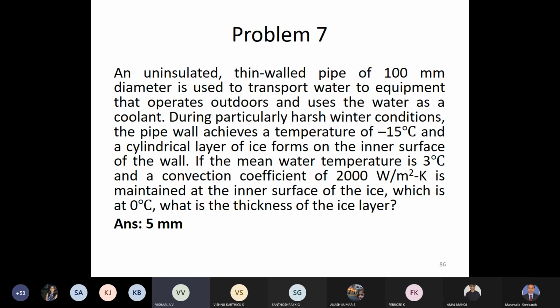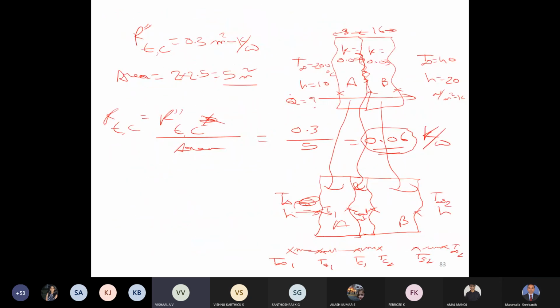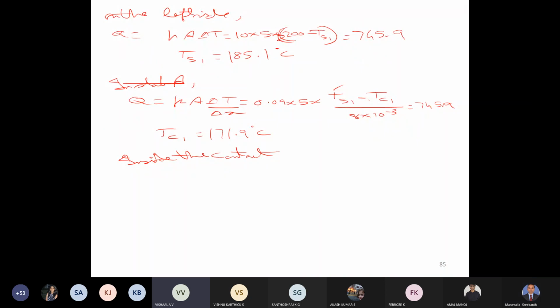Next, inside the contact, that means this region, the heat transferred Q is equal to delta T by R. Delta T is TC1 minus TC2, divided by the resistance.